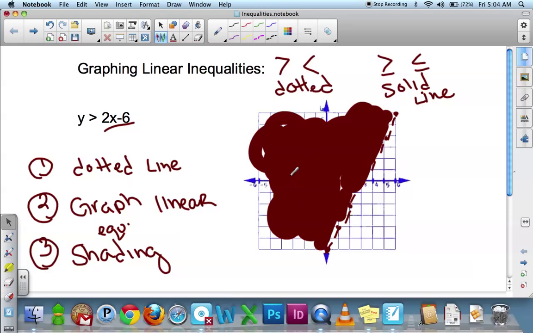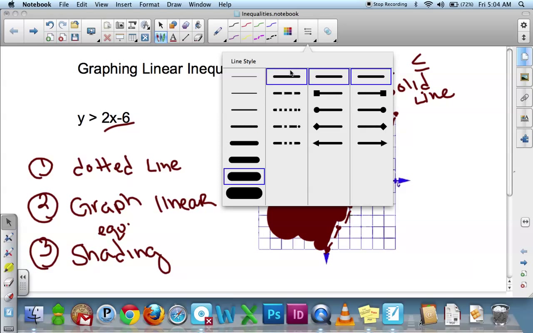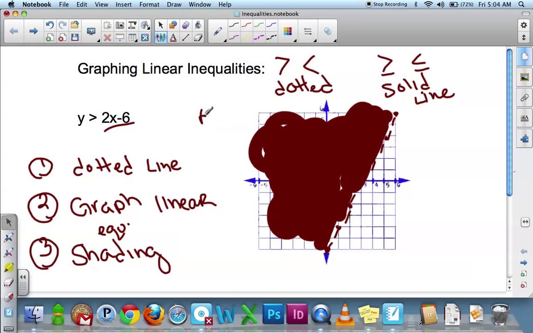But if you needed to, the way to check is to take a point. So, let's say we take 0, 6. I'm just going to take that ordered pair.